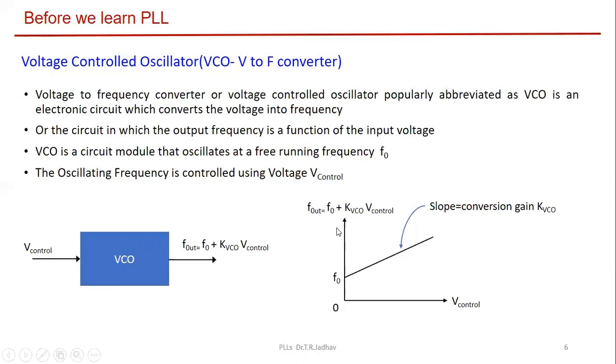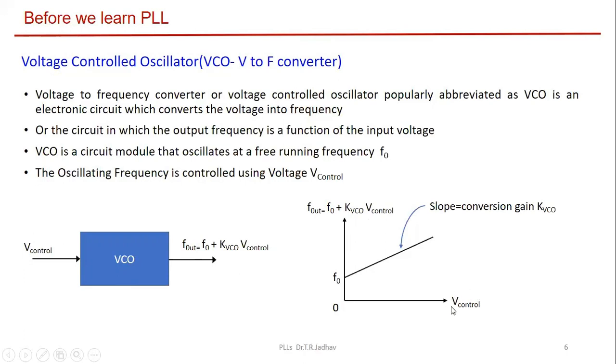Okay, so let us understand the transfer characteristics of this VCO. If you plot the transfer characteristics, on the x-axis we are plotting the input as control voltage, and on the y-axis we are plotting the output frequency. This is the equation. So what is the meaning of this?